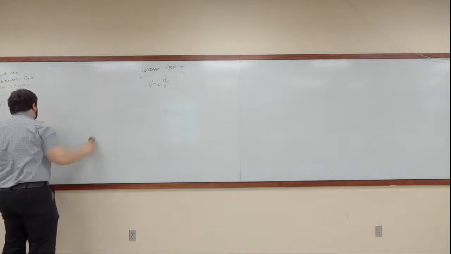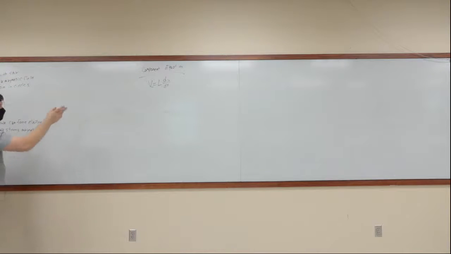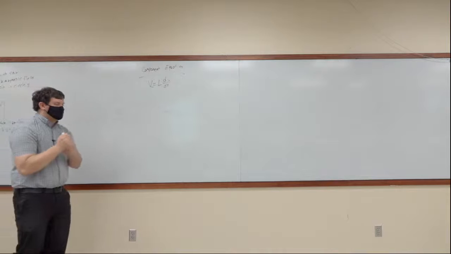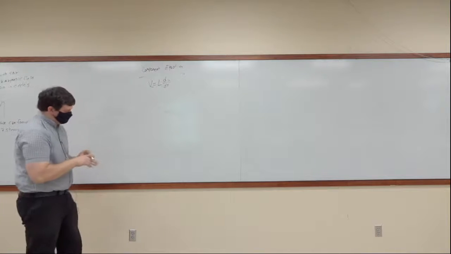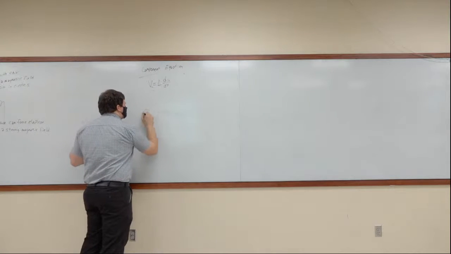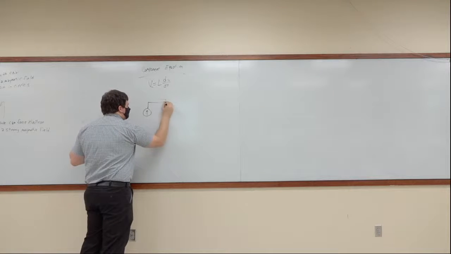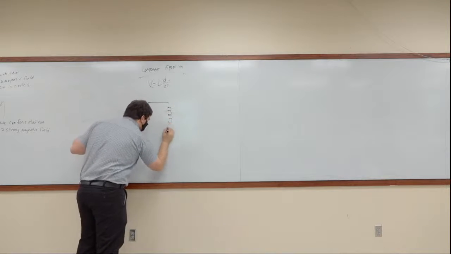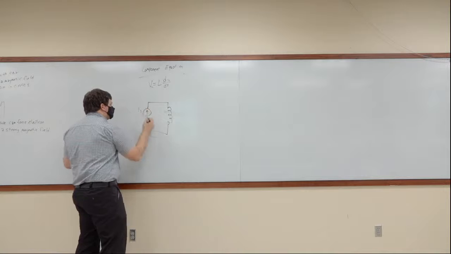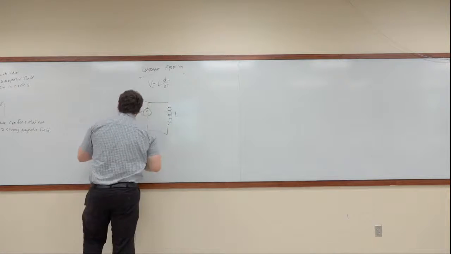So we've got this relationship between current and voltage in an inductor. Now I'm going to draw a simple inductor system. Here, this is a current source. This is your inductor.